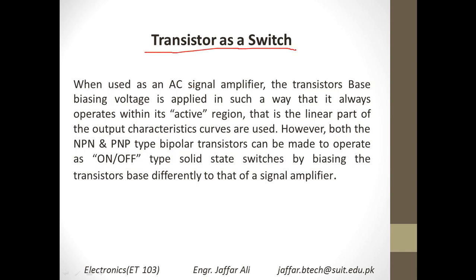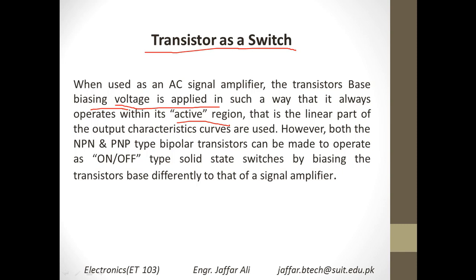So, transistor as a switch. I've also discussed what a switch is. When you use an AC signal amplifier, the transistor base is actually the thing that is controlling everything, in a way that the voltage applied at the base makes it always operate in active mode, the active region.